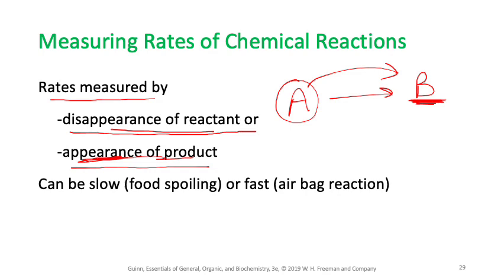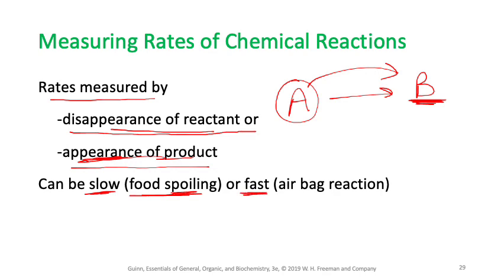For example, there are a couple of chemical reactions in the real world that you can use to understand the rate of a chemical reaction. The spoiling of food is a slow process, because if you put some food outside, it might take some days, or at least a week, before it spoils, right?